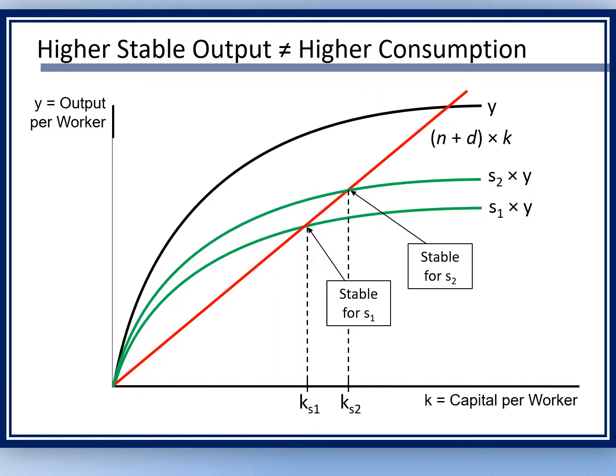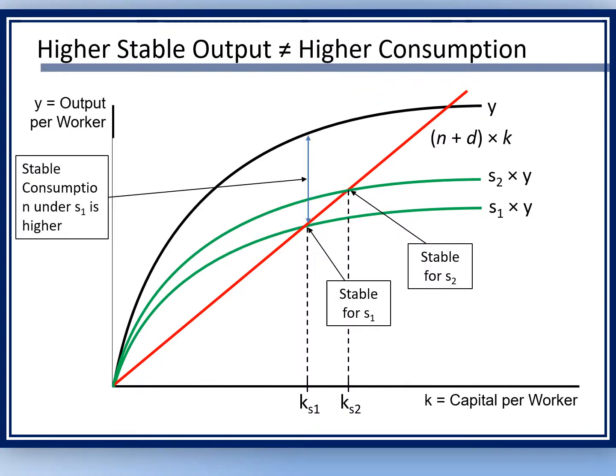One thing to note is that higher stable output is not the same as higher consumption. The reason is that, well, you might be saving too much. So let's take a look at this example. When the savings rate is relatively low at S1, then you can see that the consumption is the vertical distance between the black line and the green line, as indicated by this blue arrow, right?